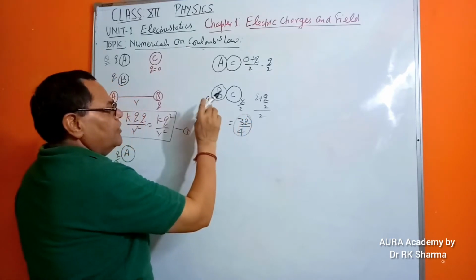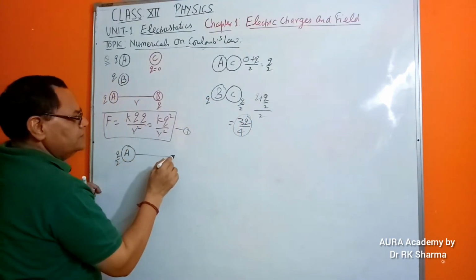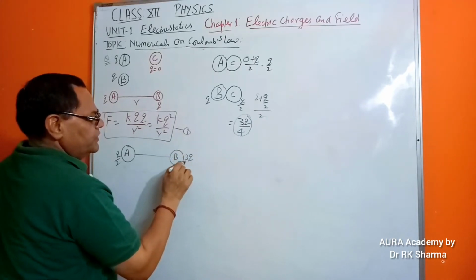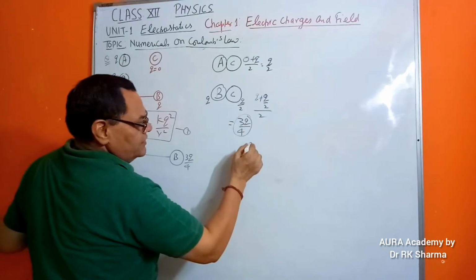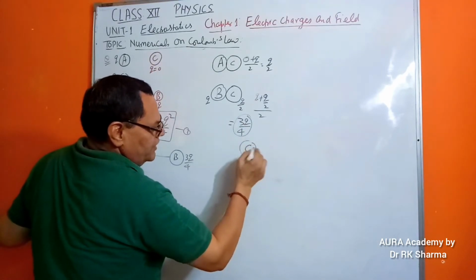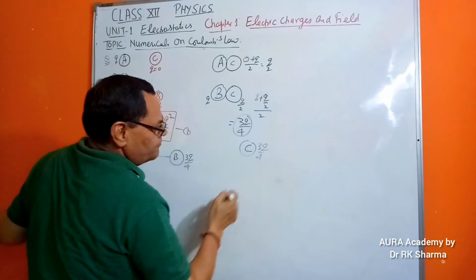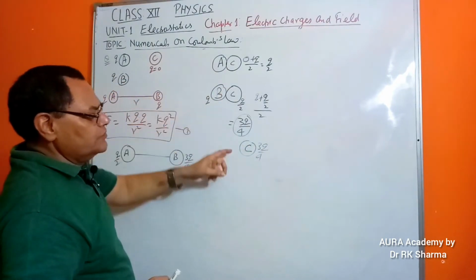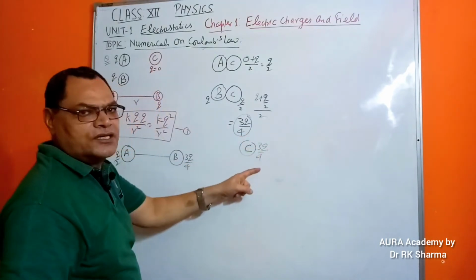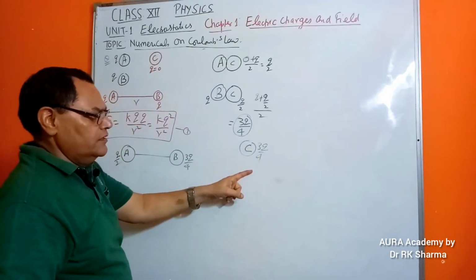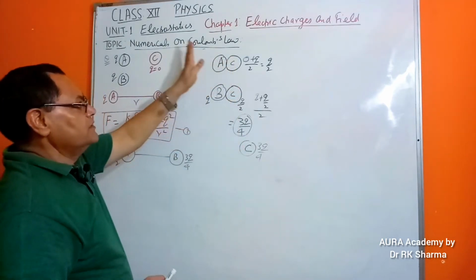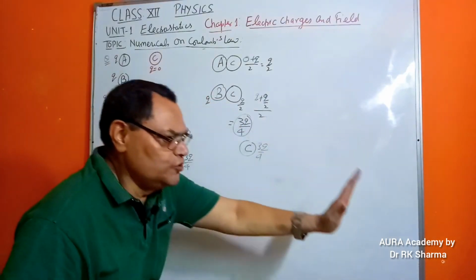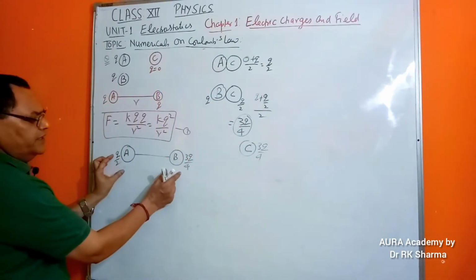Meaning thereby now B will have the charge 3Q by 4, and C will also now have the charge 3Q by 4 after being put in contact with A and then with B. But the question says that this C, which was earlier uncharged, touched initially with A, then with B, and removed. We have to find out the new force between A and B.